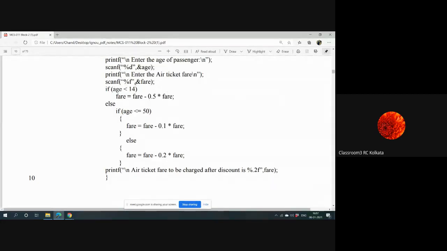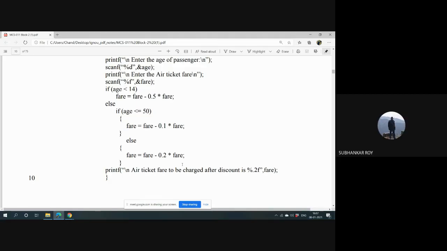If this is not true, then no person below 14 will come here. Only the person who is greater than 14 and less than or equal to 50 will come here. And only the person who is greater than 50, because equal to is already given here. Did you understand what you asked?